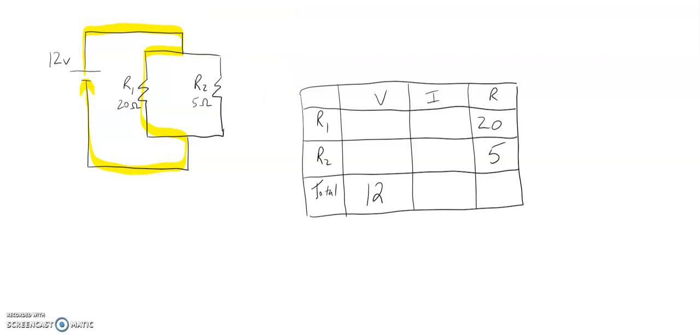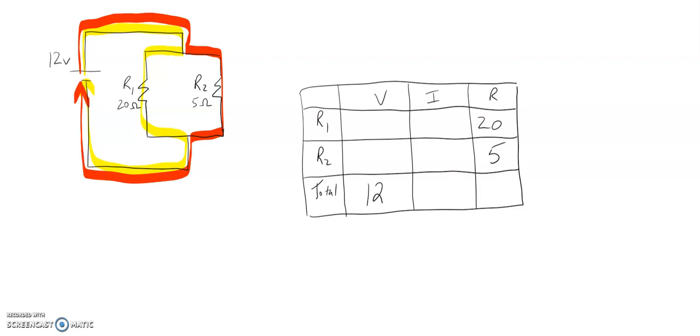Another amount of the current picks a different route. It goes the other way. We have 2 paths, which means R1 and R2, since they come back together, are parallel to each other. They're not in series. Yellow and red are 2 different paths. We have 2 parallel paths.